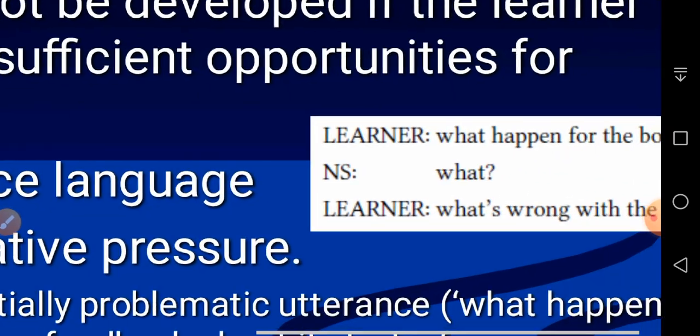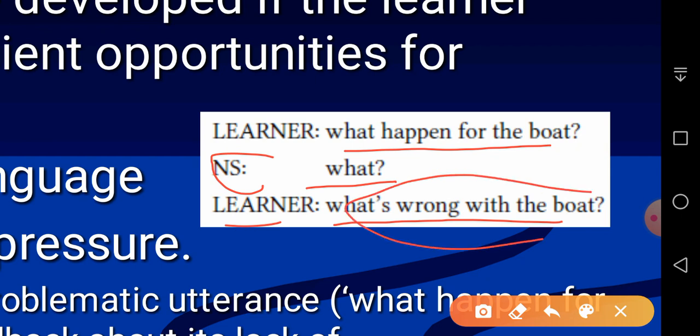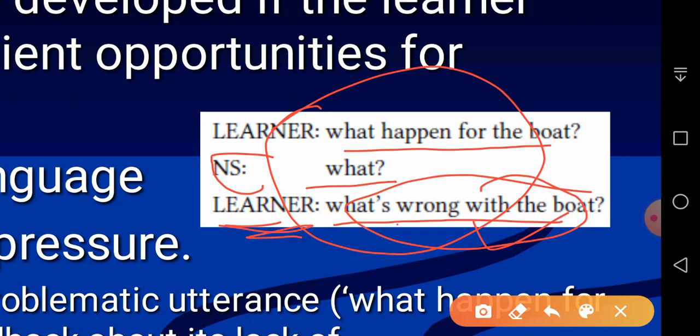As you can see here, the learner says, what happened for the boat, and the native speaker says, what? See the communicative pressure. And the learner says, what is wrong with the boat? Now even the learner is modifying the language because he wants to carry on the conversation. So this is an interaction. The interaction forces the learner to modify the language. So language is getting developed.